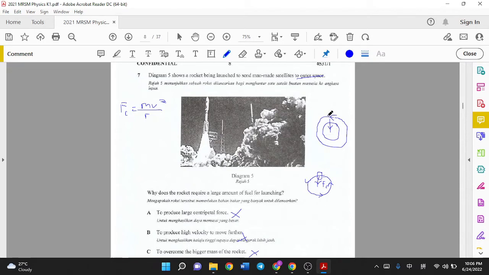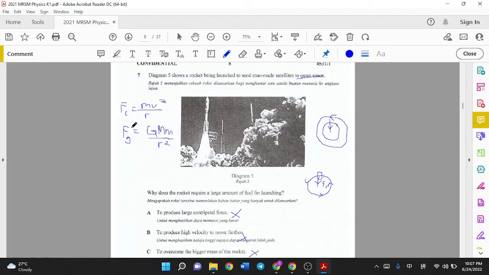So this force is actually similar to our gravitational force. Our gravitational force equals GMm over r squared, where the capital M represents the mass of the Earth, and the small m represents the mass of the object.